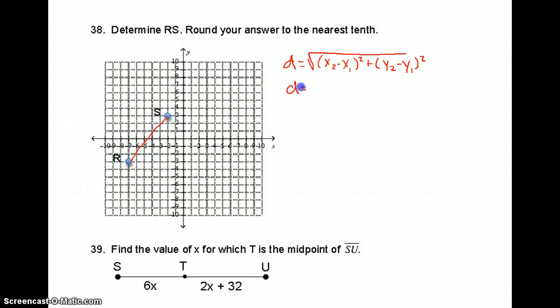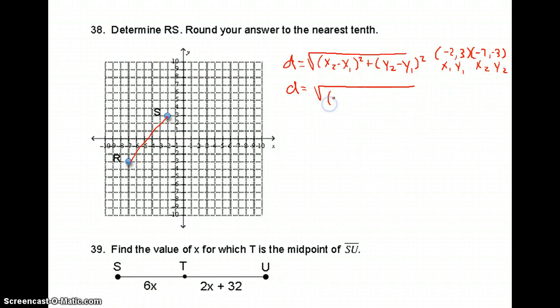Okay, now we're going to substitute ordered pairs into those. Our first ordered pair is negative 2, positive 3, and this down here is negative 7, negative 3. This will be x1, y1, x2, y2.